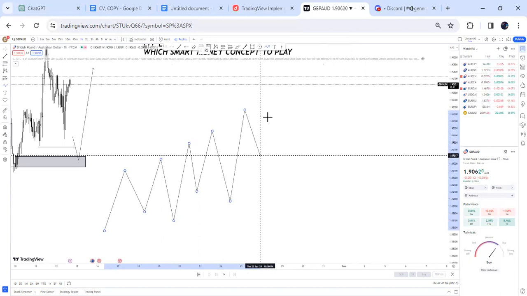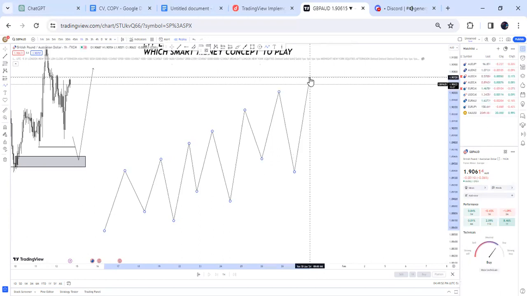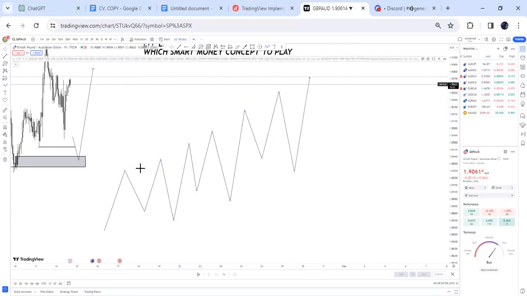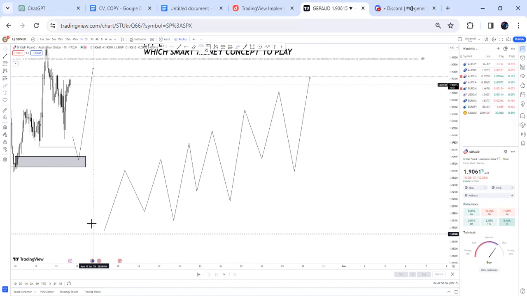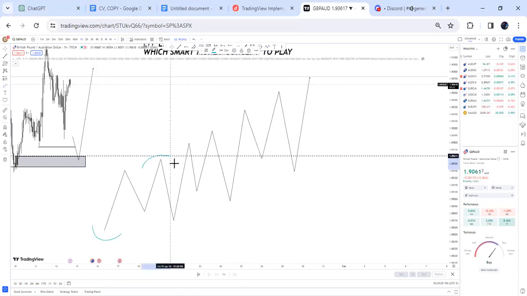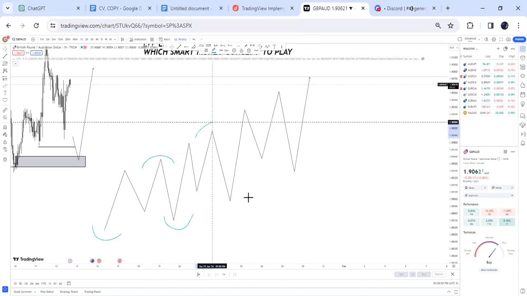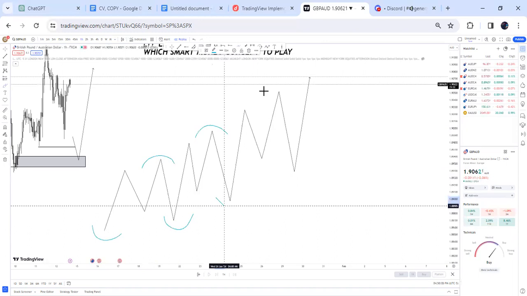So when we have something like this, we say that price is accumulating orders to the upside. So it then means that we have a bullish order flow. Where is price accumulating the orders?